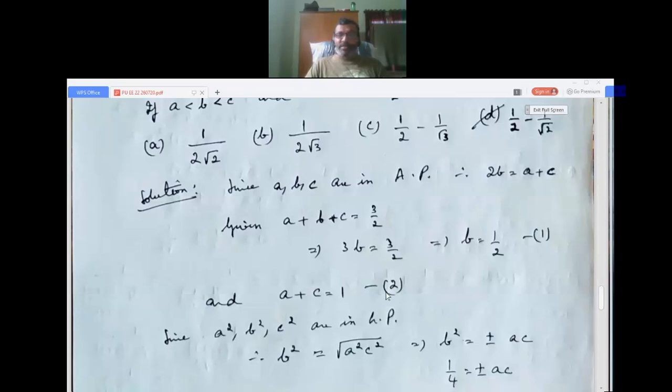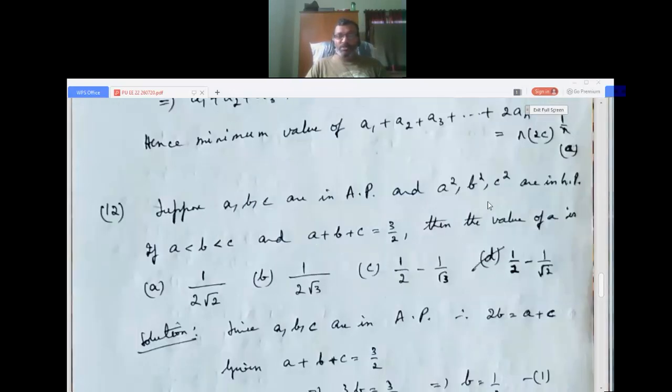Then another thing given is a squared, b squared, c squared are in geometric progression. That means b squared is the geometric mean of a squared and c squared. If a, b, c are in geometric progression, b is the geometric mean of a and c, so b is equal to the square root of ac.